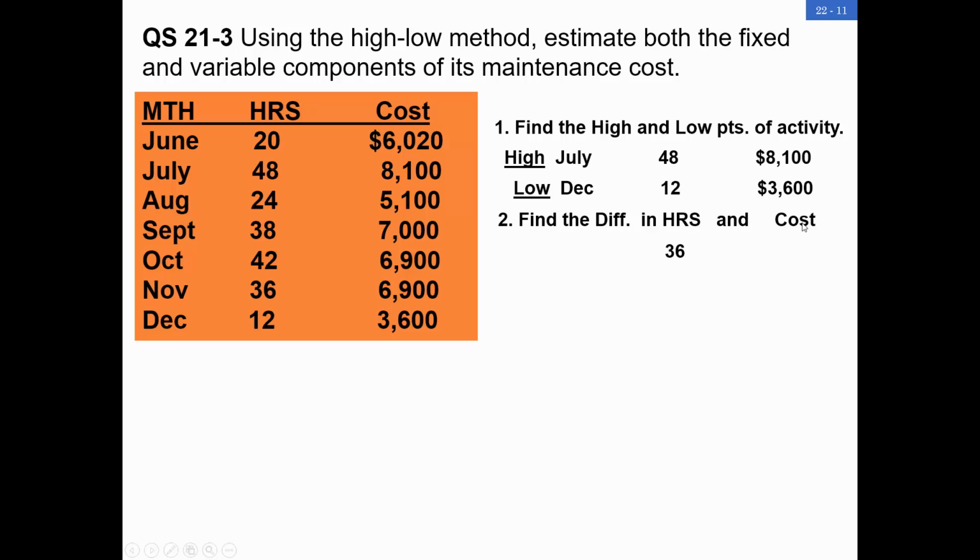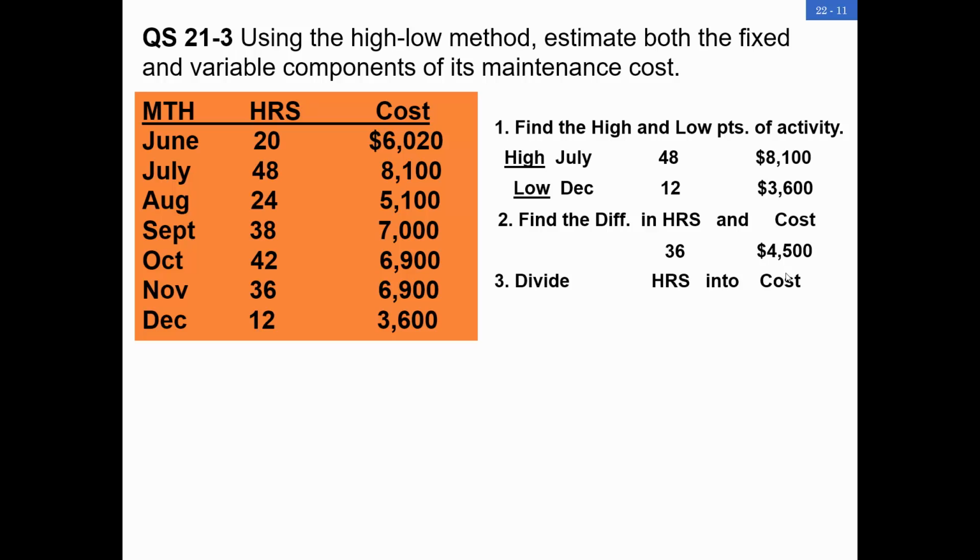When we do that, we're looking at 36 hours difference between the high point and the low point, and $4,500. So now we've done step 1 and step 2: find the high point and the low point in activity, then look at the difference in activity, in this case expressed in hours, and the dollars involved.